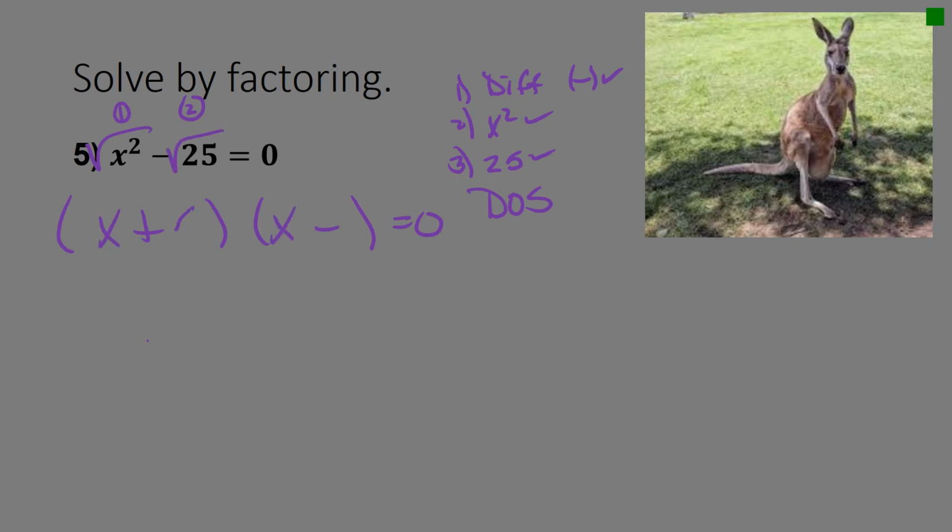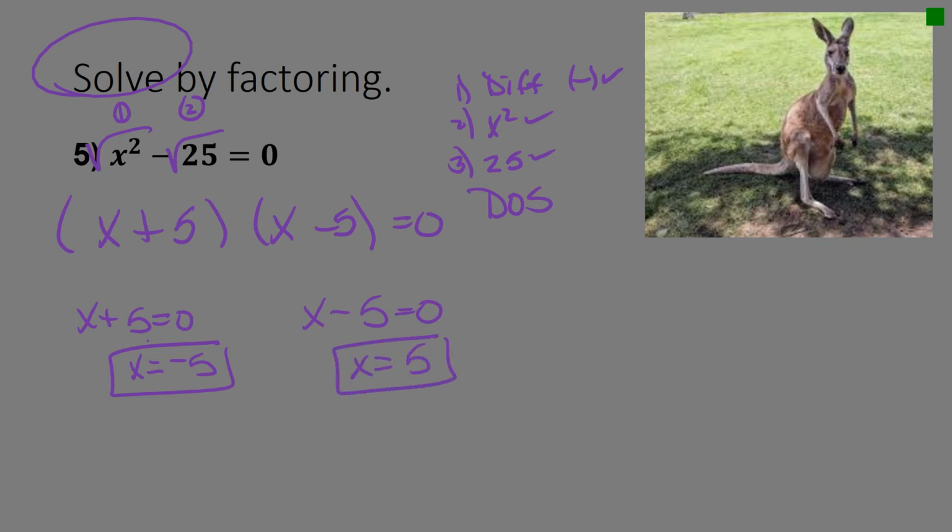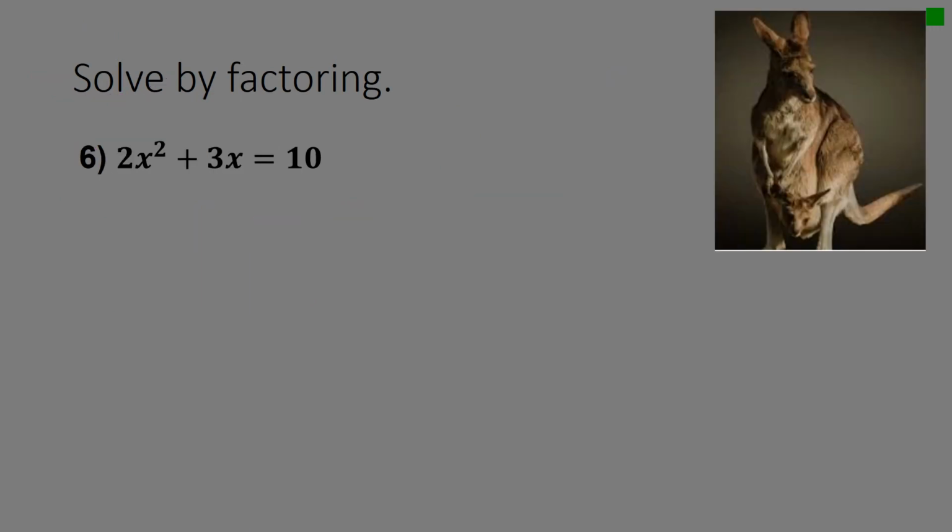X. What's the square root of 25? 5. There's my factors. Solve. Set x plus 5 equal to 0. So x is negative 5. Set x minus 5 equal to 0. So x is 5. Okay? Difference of squares.